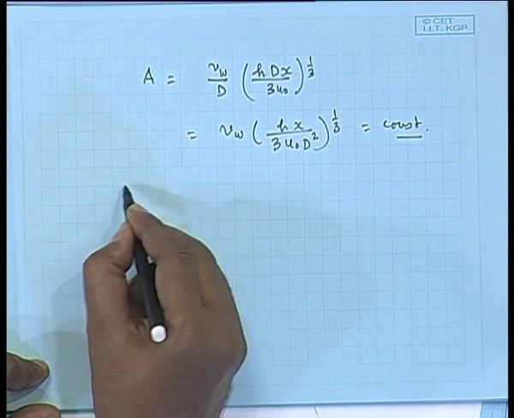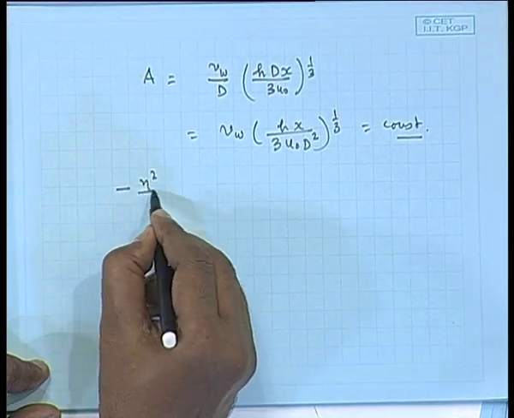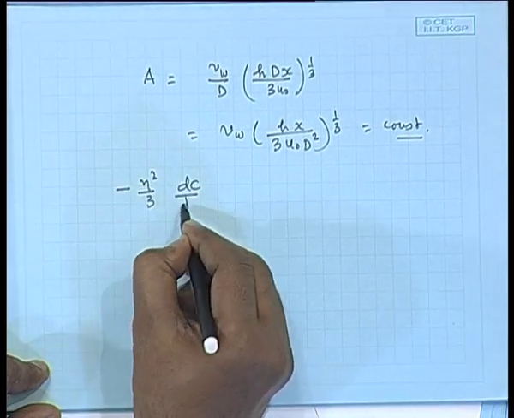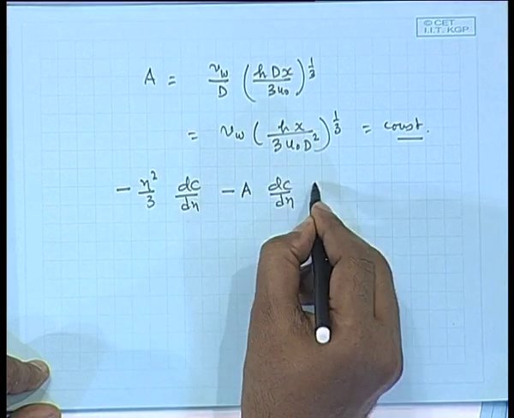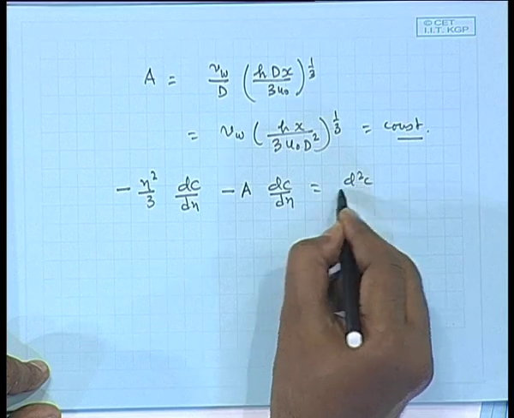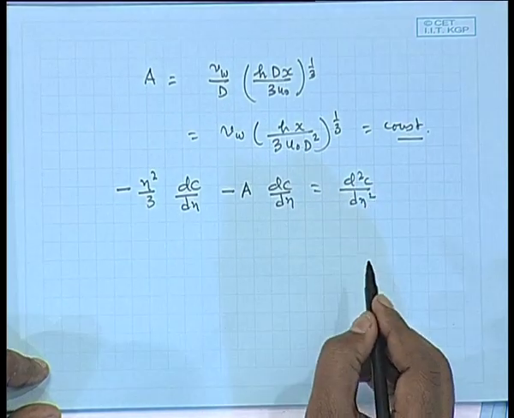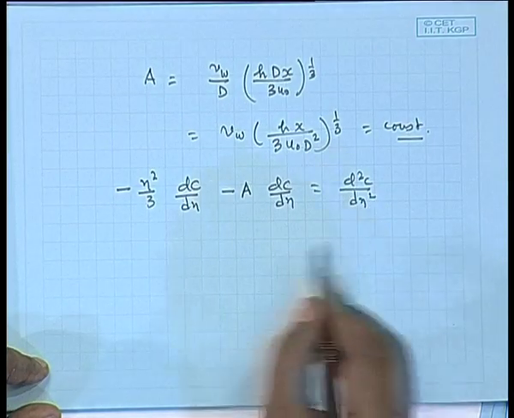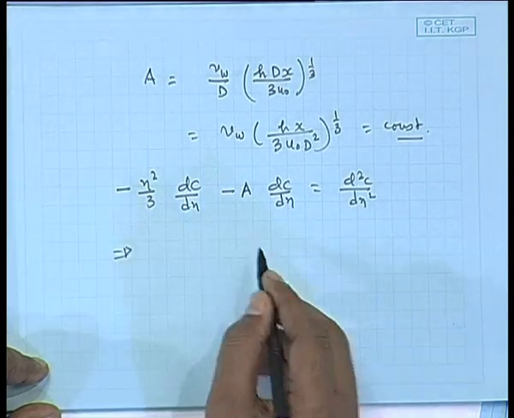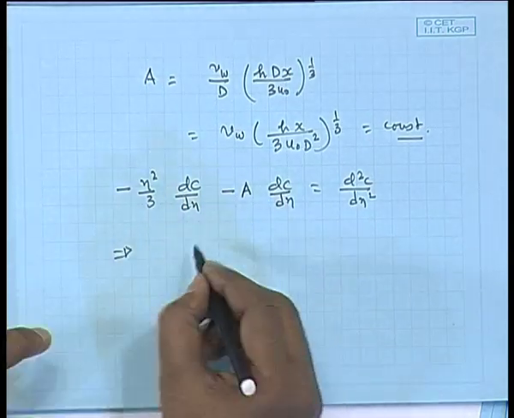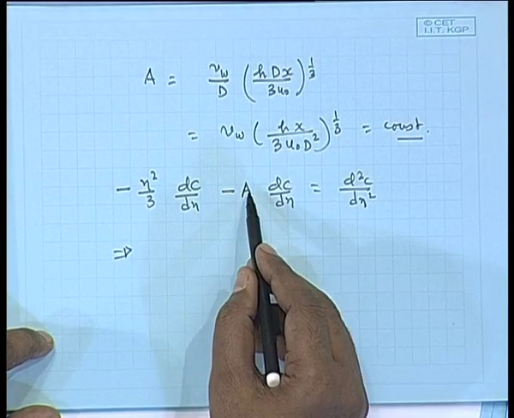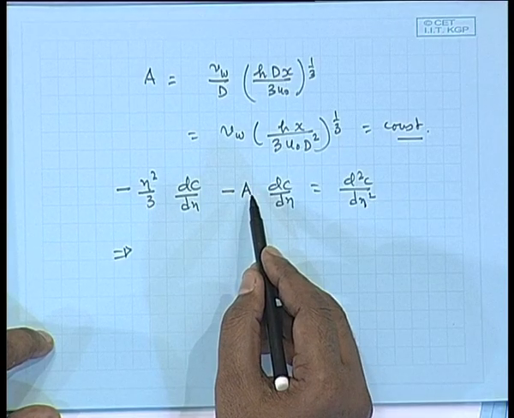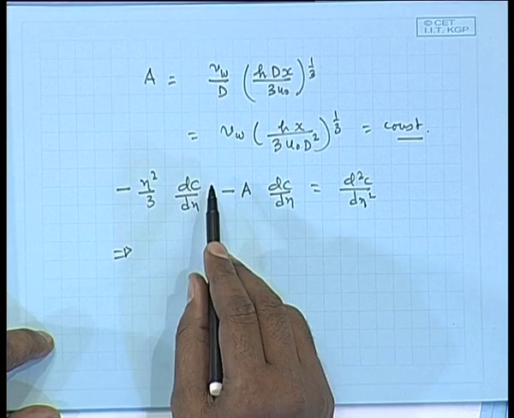Now, the governing equation becomes minus eta square by 3 dc d eta, minus A dc d eta, is equal to d square c d eta square. Okay. Now, eta is a dimensionless parameter, A is a dimensionless constant, only C is dimensional.